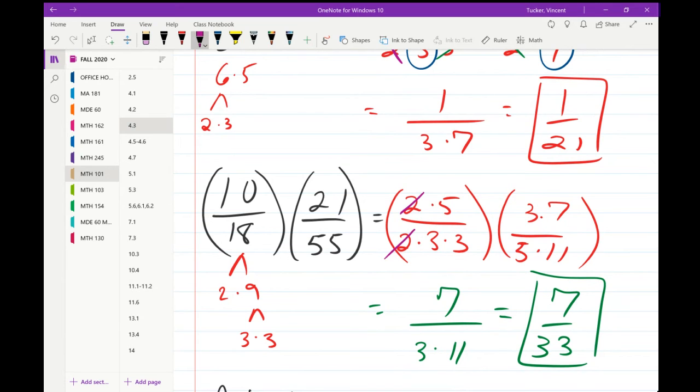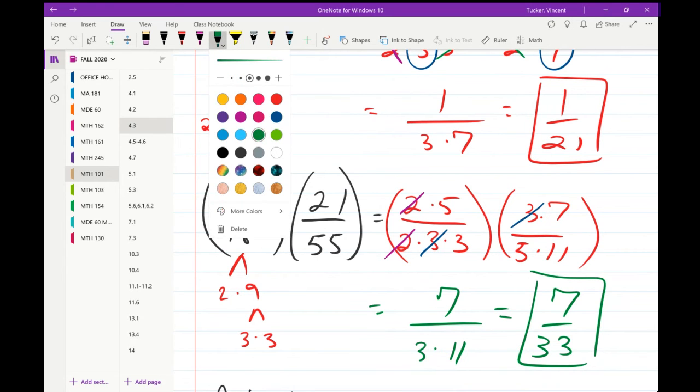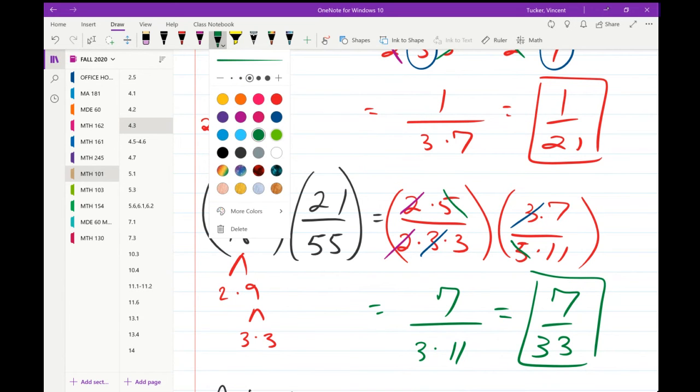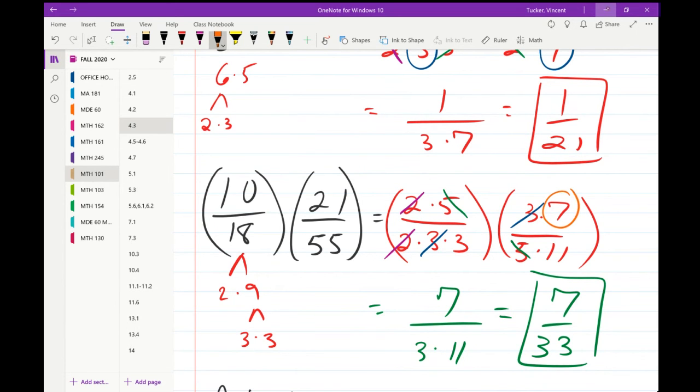We have 2, 3, and then 5. So that leaves us with 7 on top, 3 times 11 on bottom.